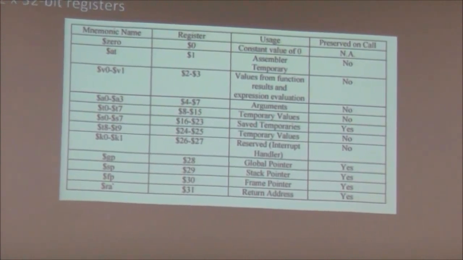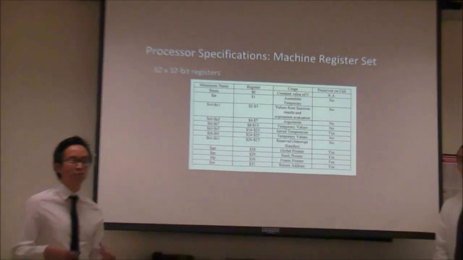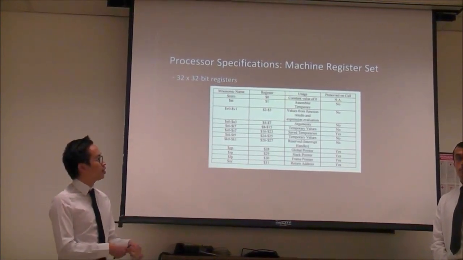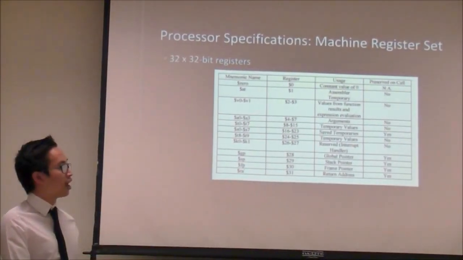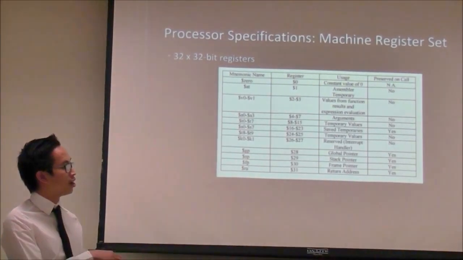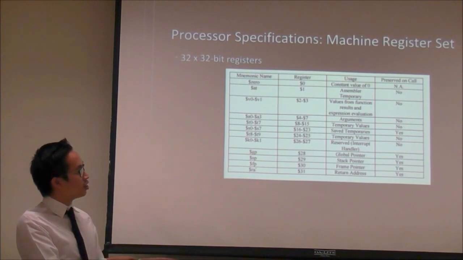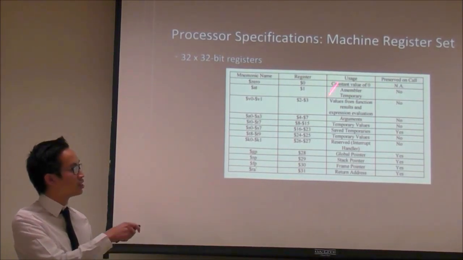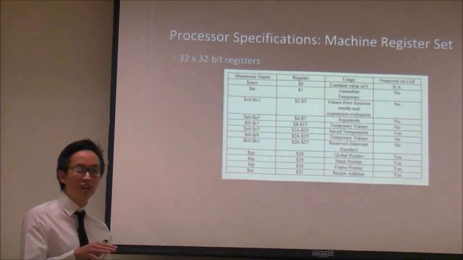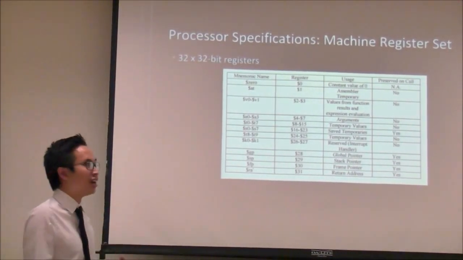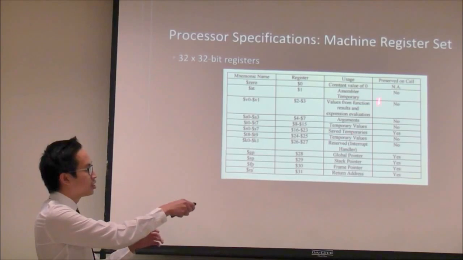So our machine register set consists of 32 32-bit registers, and this diagram contains the mnemonic name, the register number, and the usage and the preserved on-call specifications. And the usage right here indicates how the registers ought to be used. However, when we use it in our processor, it's not strictly held to these purposes.